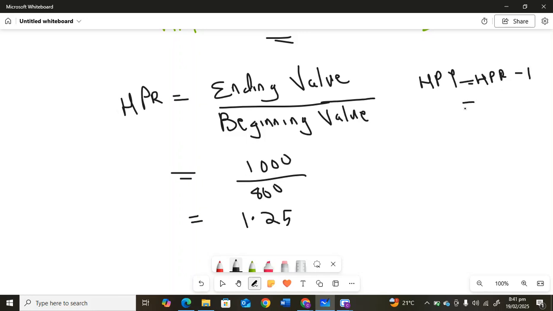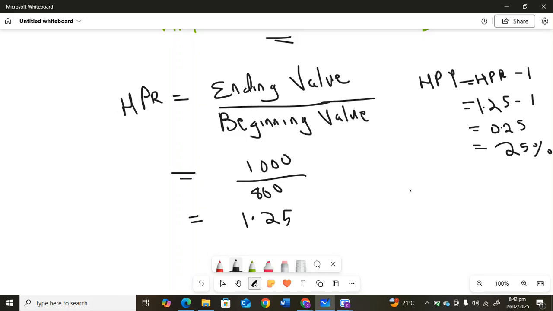So the HPR is 1.25. 1.25 minus 1 is 0.25. Times 100, this becomes 25%.